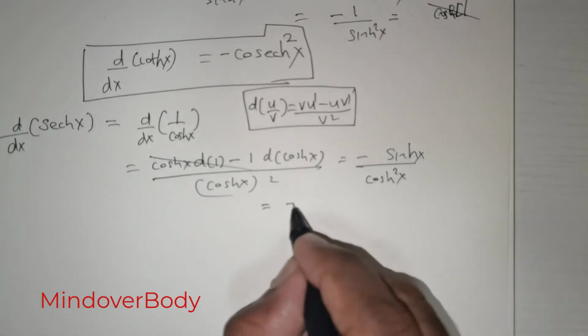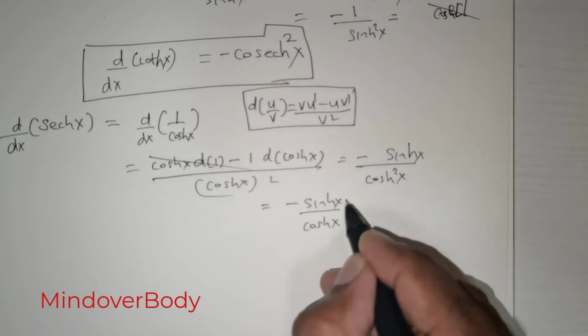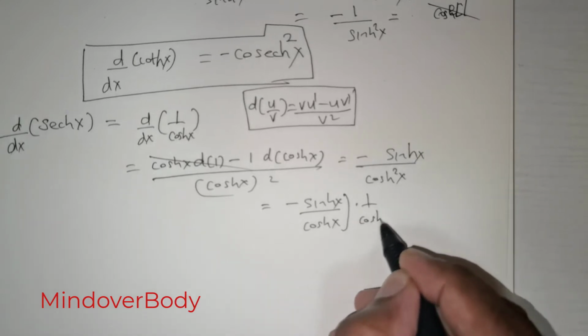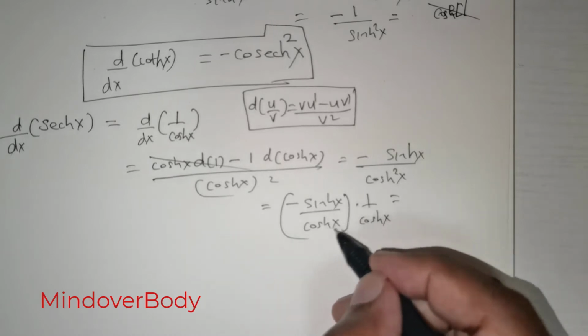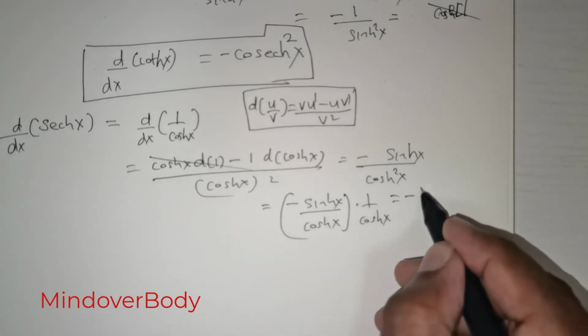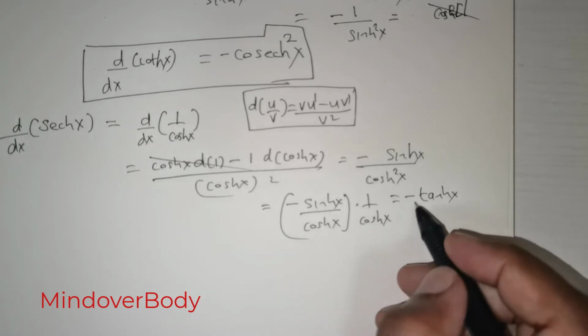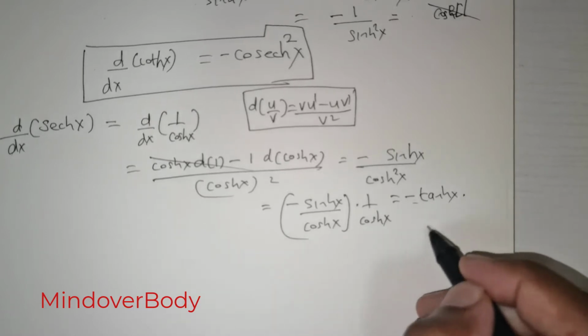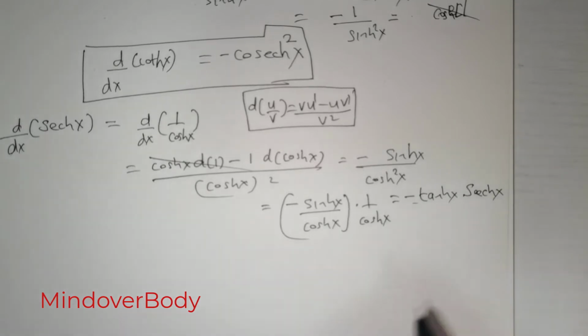I can rewrite this as negative sinh x divided by cosh x times 1 over cosh x. Negative sinh x divided by cosh x is in fact hyperbolic tan x with a negative sign, and 1 over cosh x is secant x.